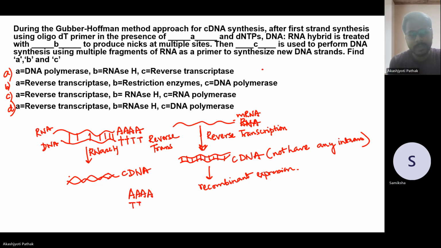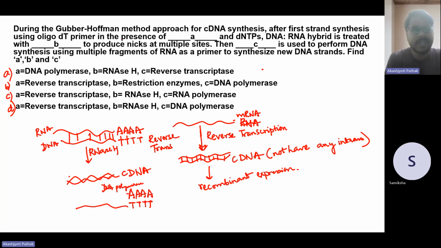You have the remaining DNA sequence, and using this DNA sequence as a template, your DNA polymerase can synthesize the complementary DNA sequence. It will use the 3' OH end and synthesize the complementary DNA sequence.